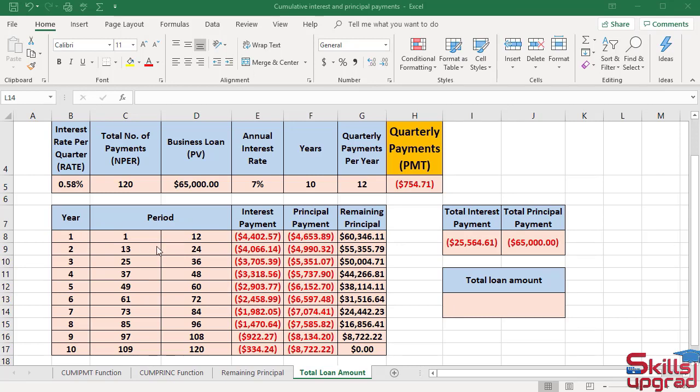In this video, I will calculate the total amount of loan that is repaid by company to bank within 10 years.